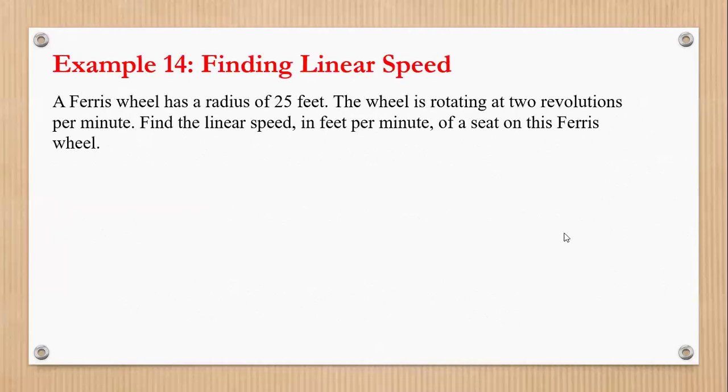And the next example is that a Ferris wheel has a radius of 25 feet. So the radius is 25 feet. The wheel is rotating at 2 revolutions per minute. 2 revolutions per minute means the angular speed is 2 revolutions per 1 minute.